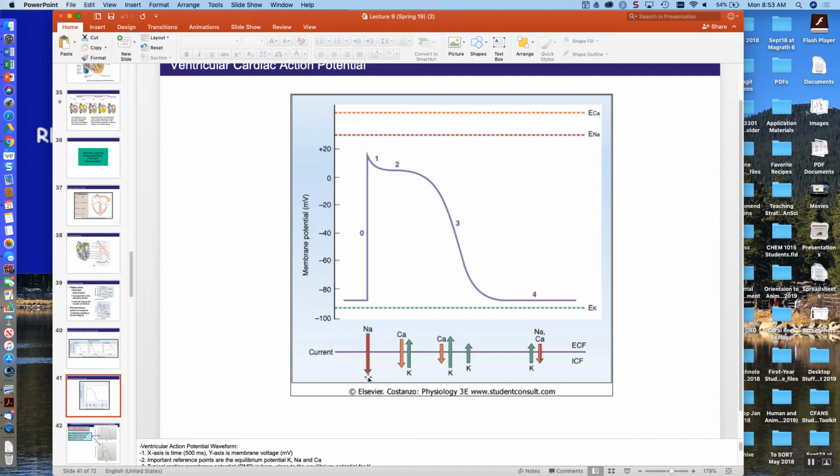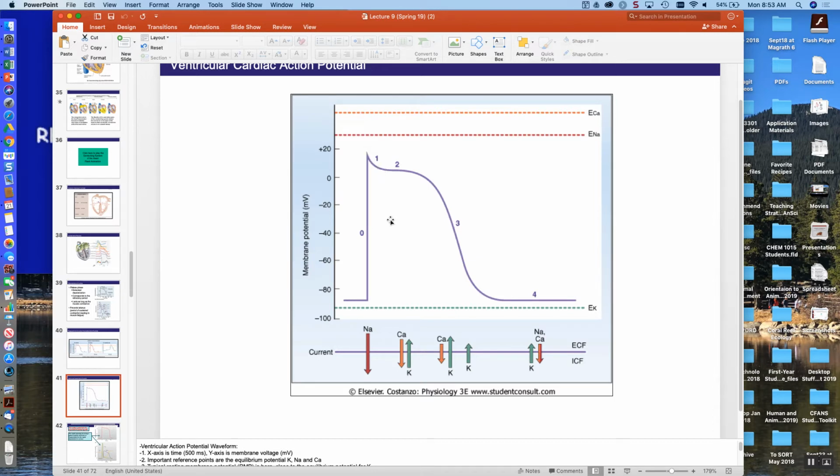It's triggered by the graded potential that enters through the gap junction. That depolarization wave goes from cell to cell. So a graded potential enters into the cell. It triggers the voltage-gated sodium channels, and then you get this rapid depolarization phase.